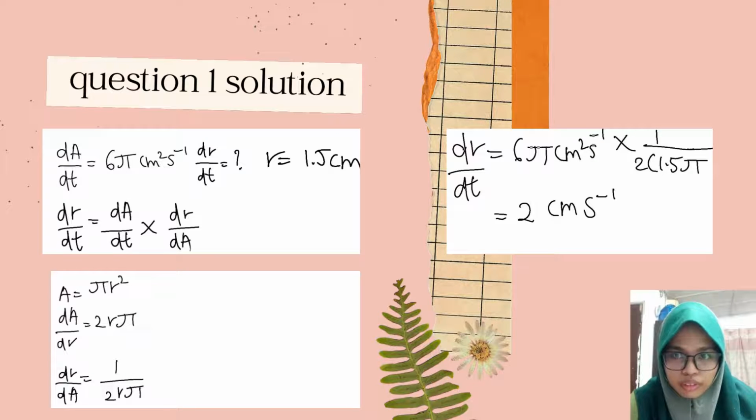We substitute this into dr dt equals dA dt multiplied by dr dA, and we will get the final answer, which is 2 cm s⁻¹.